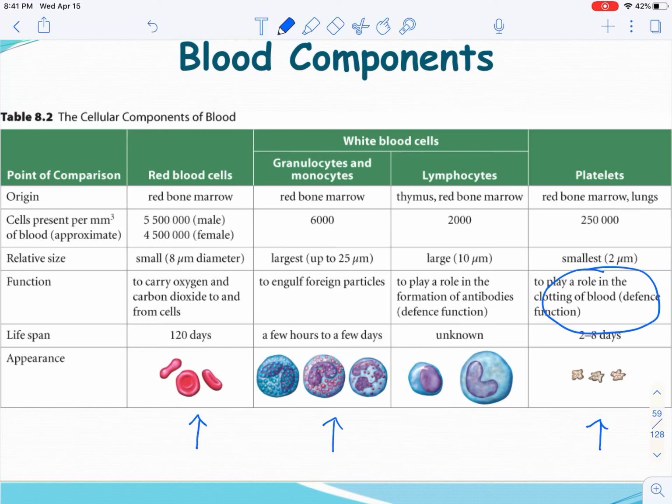White blood cells, there's a number of types, more than even this graph shows, but in general they are used for the immune response in some way or another, and we'll have a whole topic on that in 8.3.